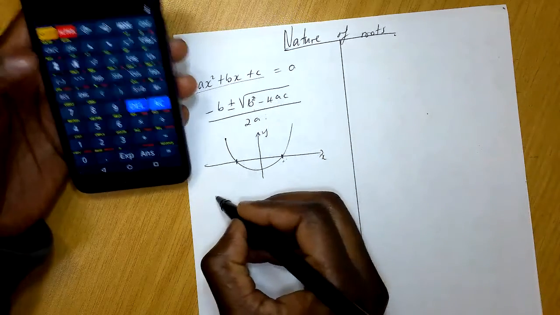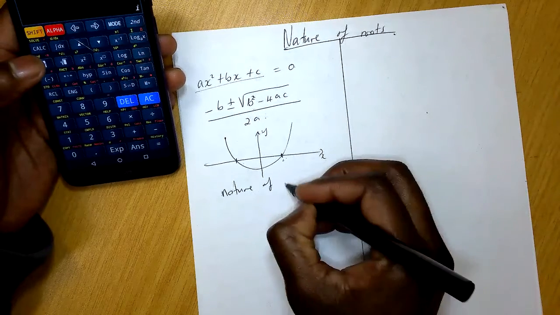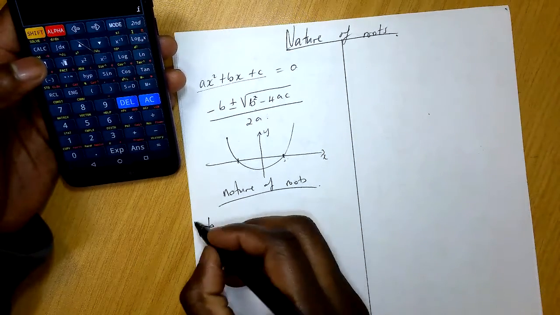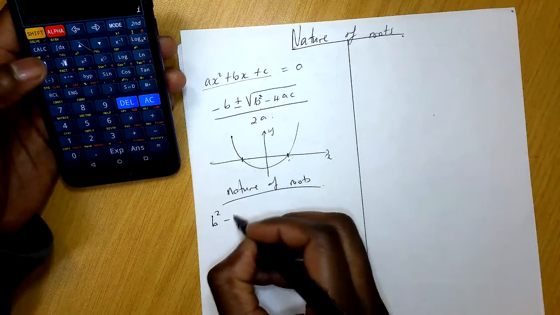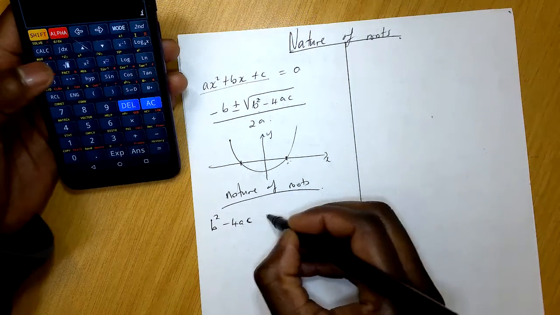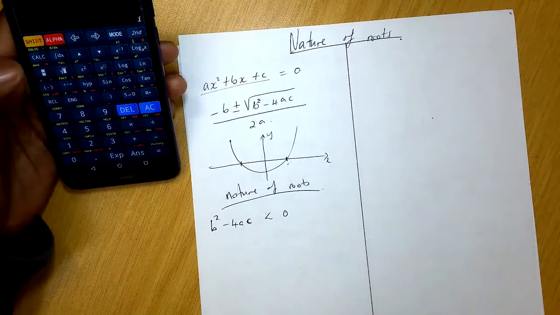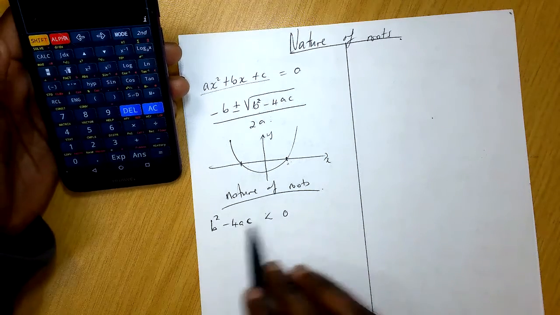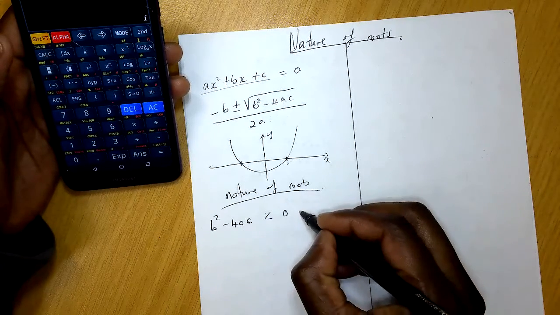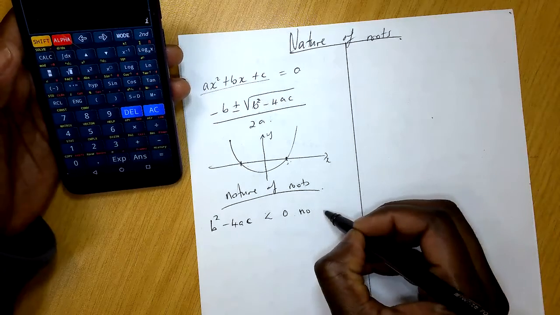Nature of the roots: if b squared minus 4ac is less than 0, meaning it's negative, it means there are no real roots.